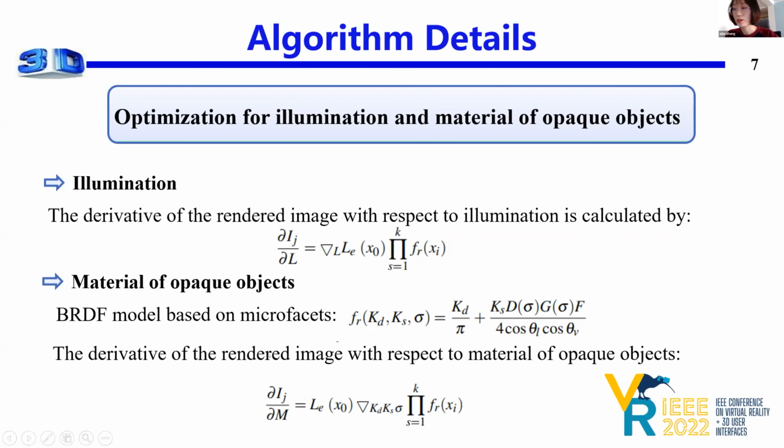The f_r equation expresses the material of an opaque object represented by the BRDF model based on microfacet. We can obtain this equation that represents the derivative of the rendered image with respect to Kd, Ks, and sigma.